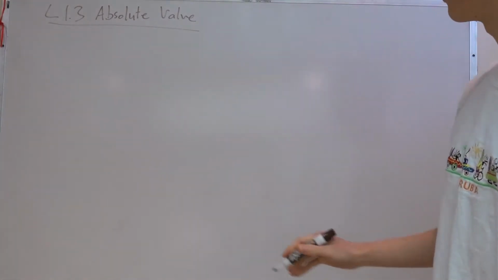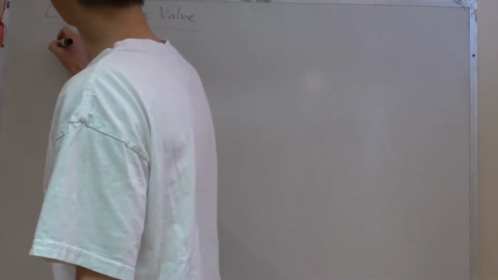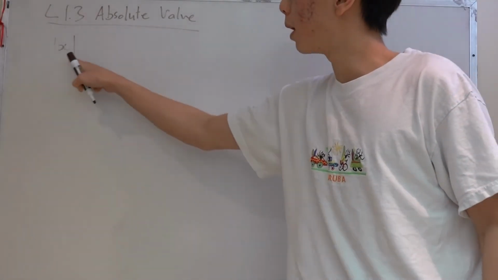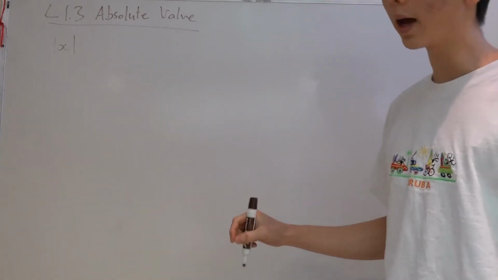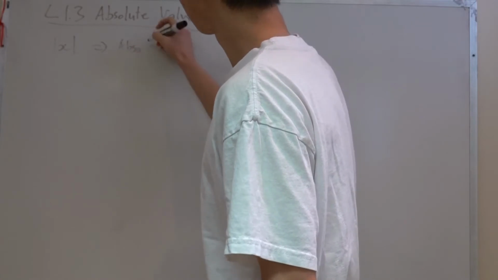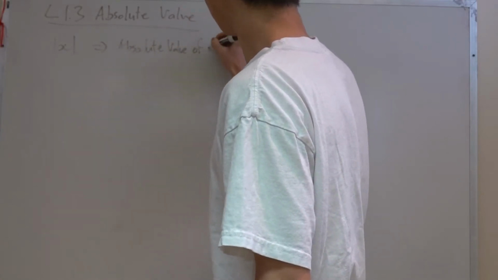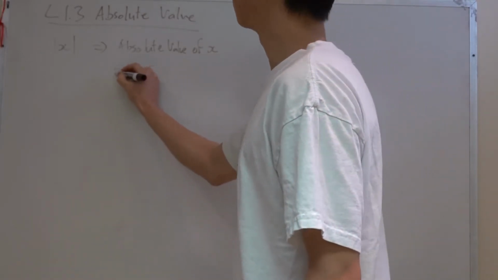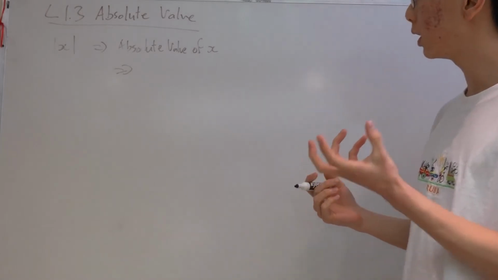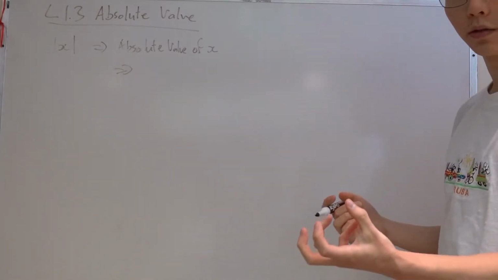The first thing is the definition of absolute value and the notation. So given some number x, we denote by the vertical bars beside x the absolute value of x. Okay, and all this means is I'm going to take x and make it positive.